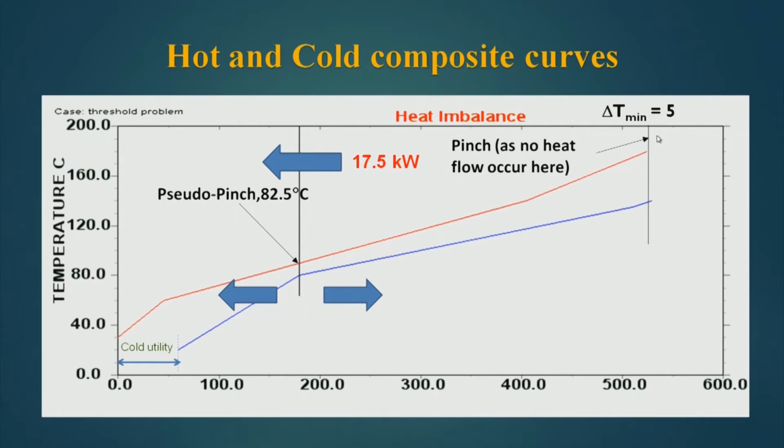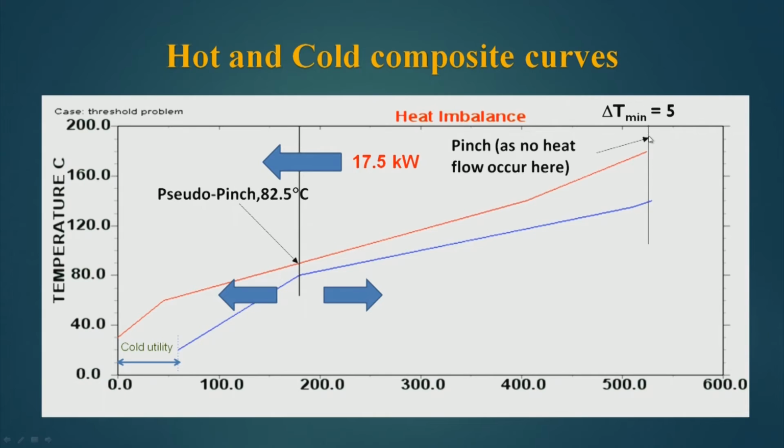So, this is a process pinch area, this is a pseudo pinch area and the design will start from here, the pseudo pinch, and it will move in this direction as well as in this direction. So, I expect that for this problem we have to design the whole problem in two parts.